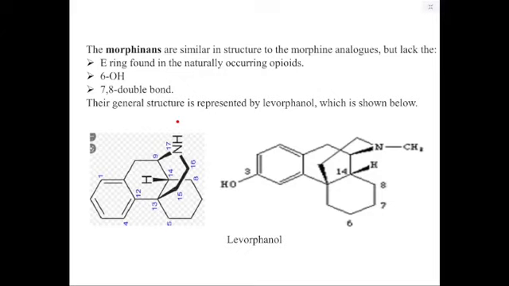Then 10, 11, 12, 13, which is our quaternary carbon. You can still see that is maintained 14, and then 15 and 16. So we have removed the ether linkage. We have removed the hydroxyl group at position number 6. We have removed the double bond at position number 7, 8, and that is now the morphinan. That is the morphinan. And the first derivative is levorphanol.